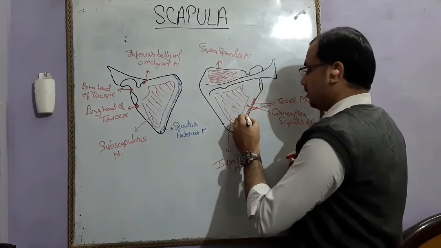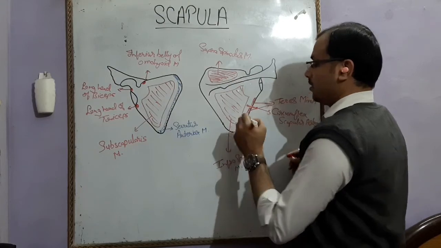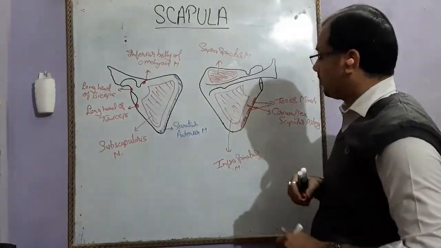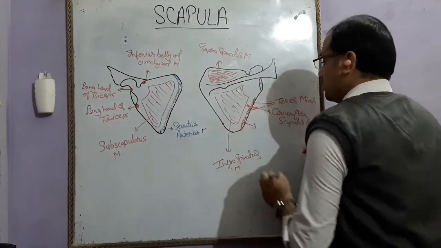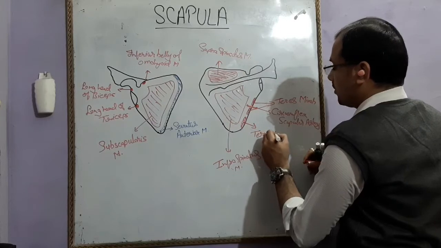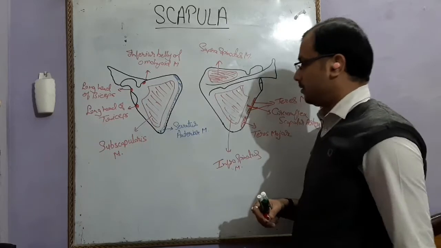Now, on the lower 1/3 portion of the lateral border of the dorsal surface of the scapula, here is the attachment of teres major muscle.